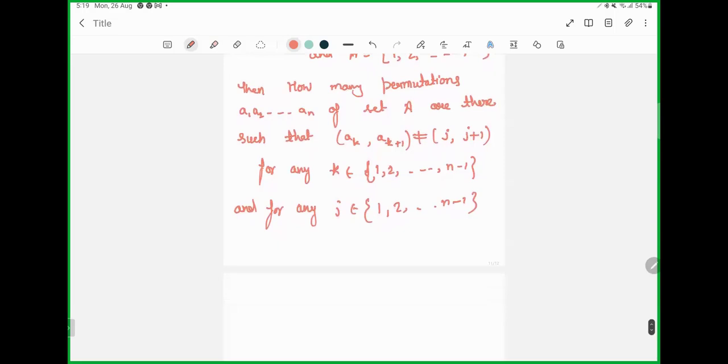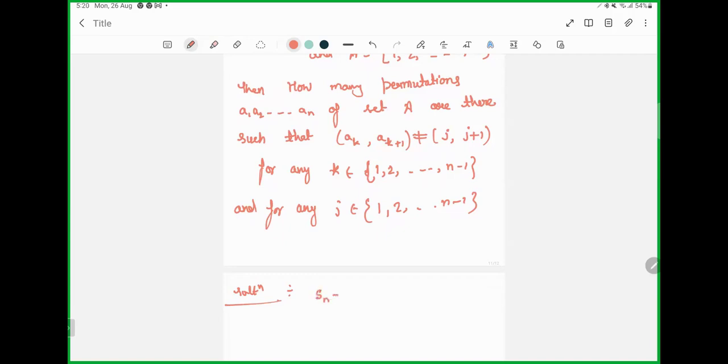So we will consider its complement set and then use the principle of inclusion and exclusion. This is the simple idea we always use to solve such kind of problem. So let's start.